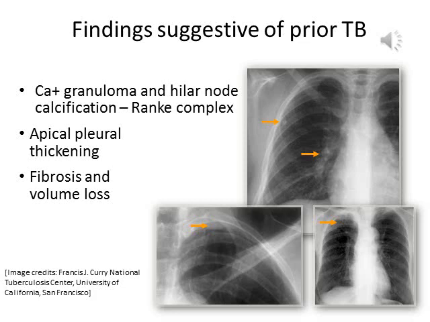Here, the top X-ray shows a calcified granuloma and a hilar lymph node calcification shown by the arrows. Generally, this kind of combination is known as Ranke's complex, and this shows the primary tuberculosis infection. The lower left shows apical pleural thickening, and the lower right shows apical fibrosis with some volume loss.